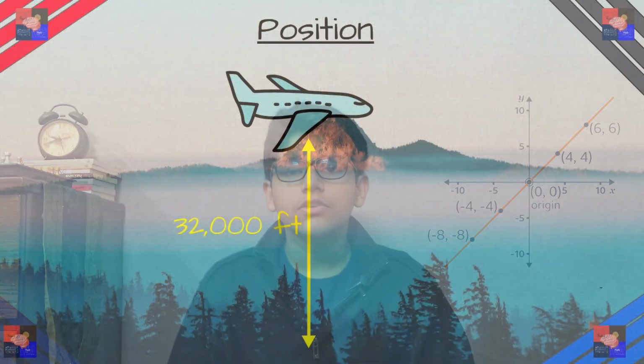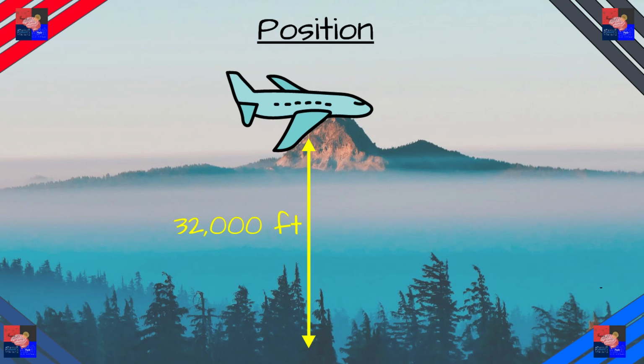The first terminology of motion you have to understand is position. Position is the key part of understanding motion. It is where an object is located, and it is said to be some distance away from a reference point. So for example, when you're a pilot, you don't just vaguely say your position as we're high in the sky.